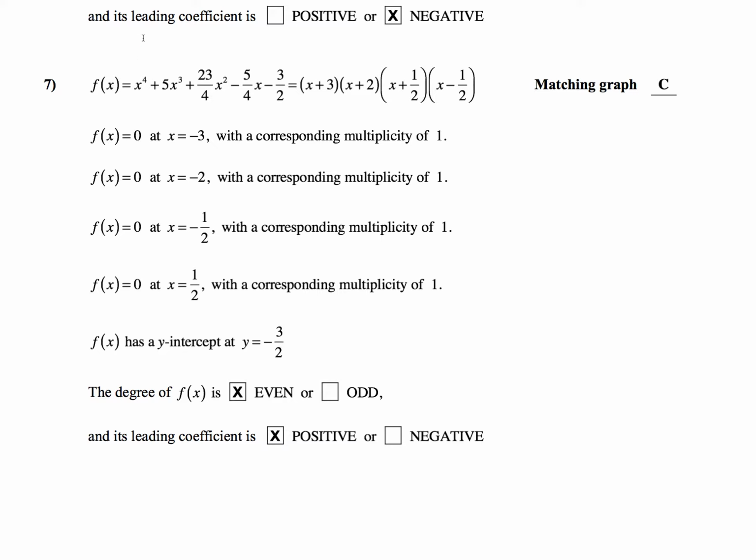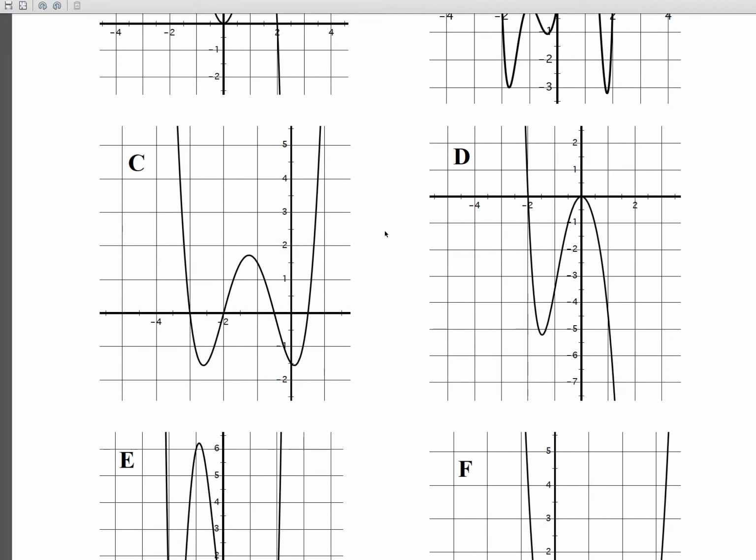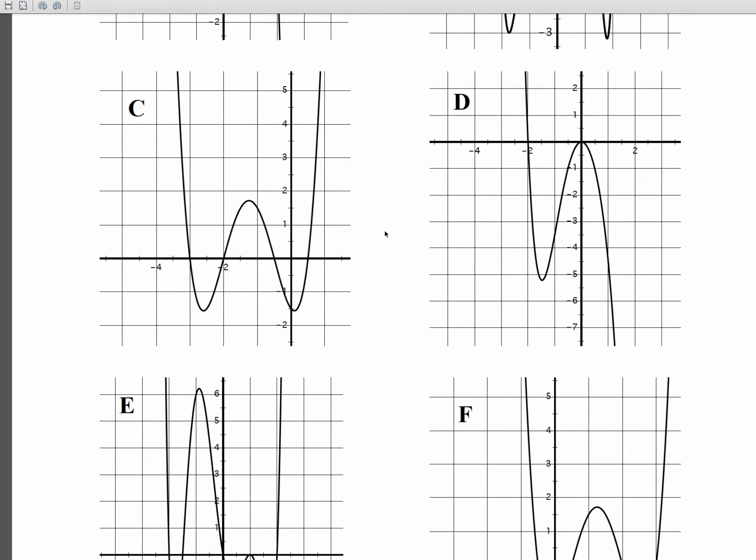The degree of the function is even, and its leading coefficient is positive. So that means it's going to turn up at both ends, and it'll have zeros with a multiplicity of 1 at all of these spots. And we see that graph C is the graph that meets those requirements.